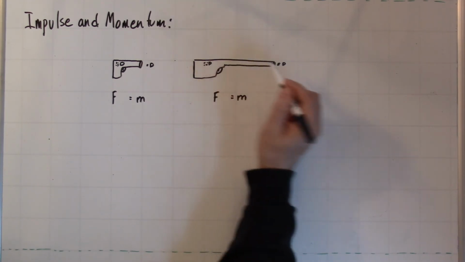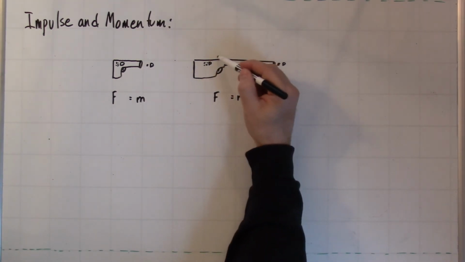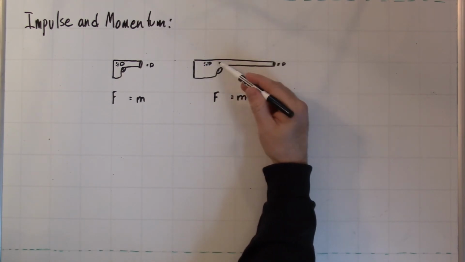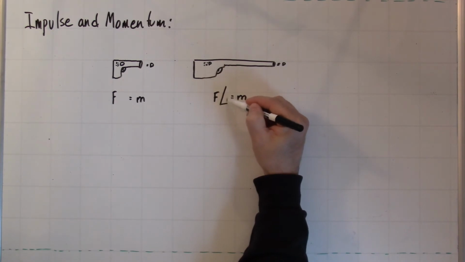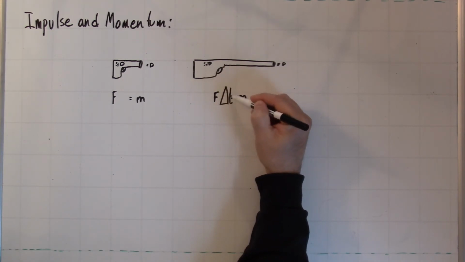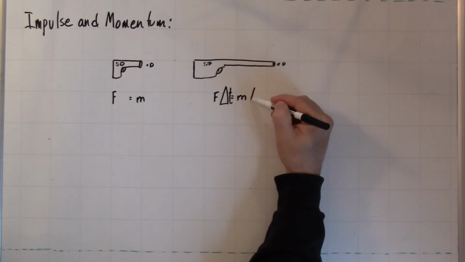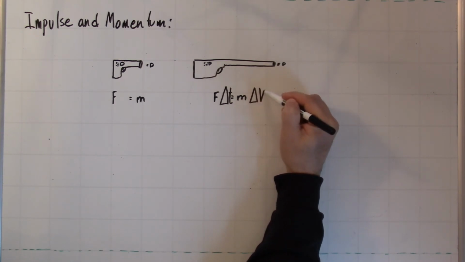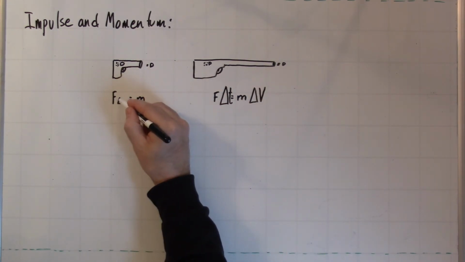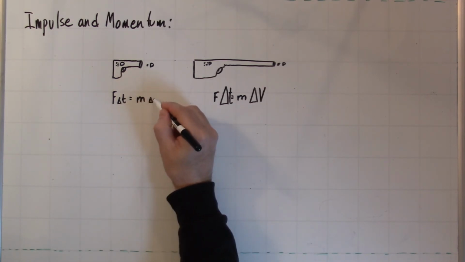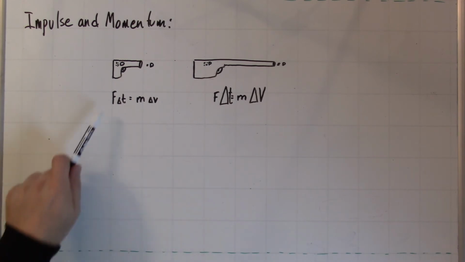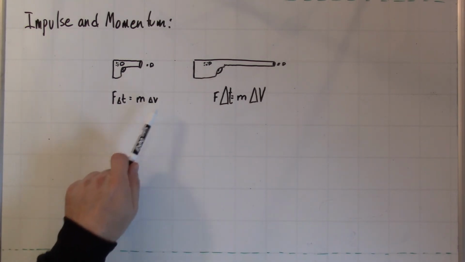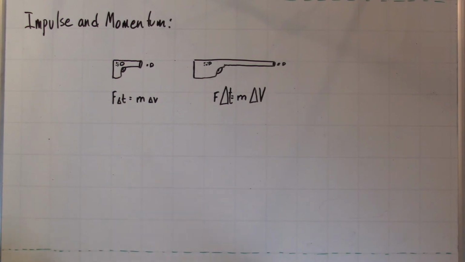But because this is so much bigger a distance, the time that the explosion pushes on it is much bigger. And since you have a longer time, you have a larger change in velocity. This one is a smaller time, so you end up with a smaller change in velocity. Again, if the force and mass are the same, the velocity is determined by the time that the force is applied. That's just another kind of random example.